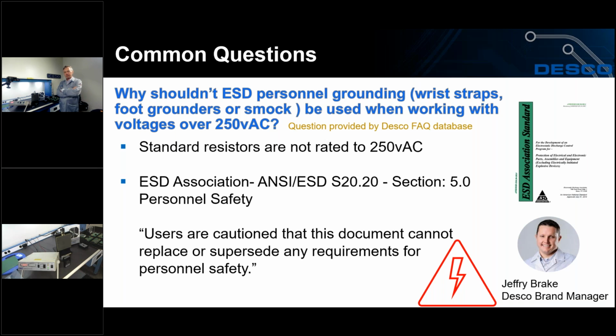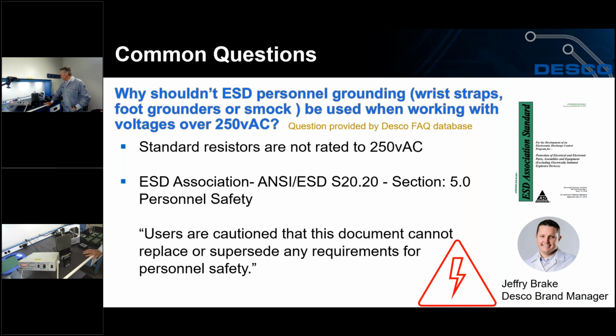So if you have a situation where there's a conflict between ESD control and safety, safety is going to override that. So the first thing you want to establish is your safety program, and then your ESD control program.